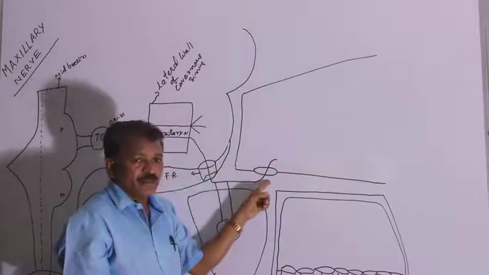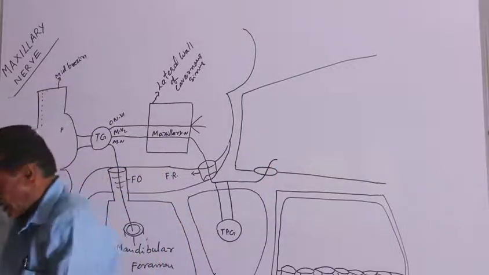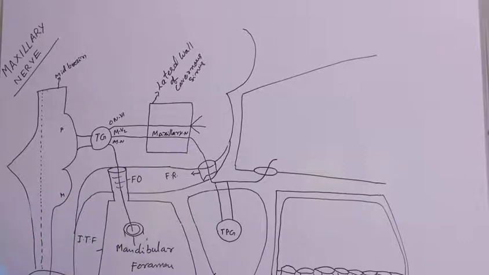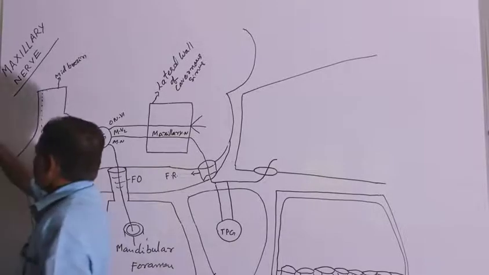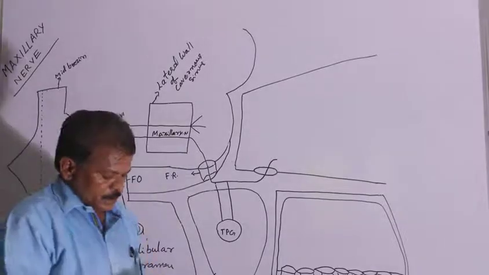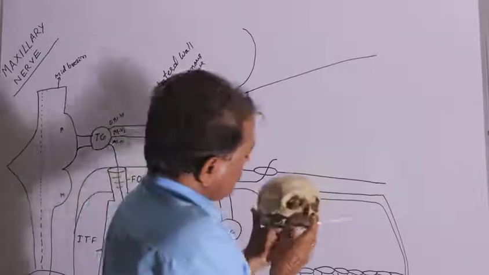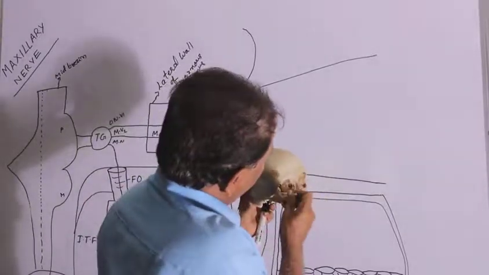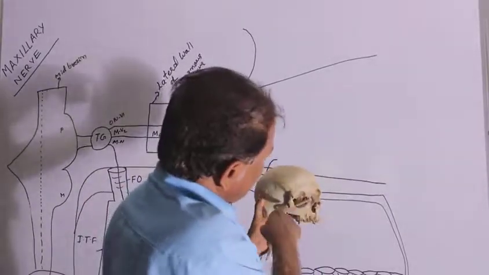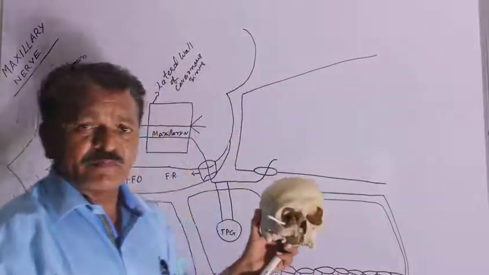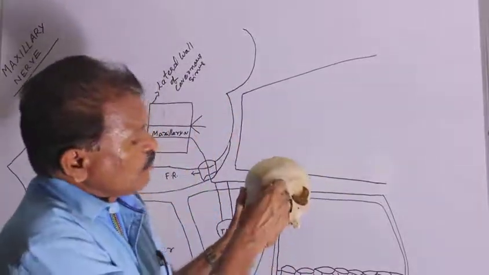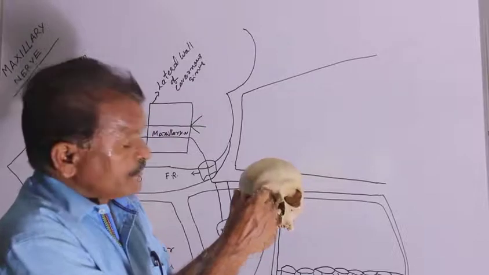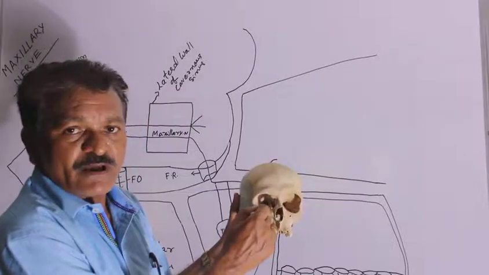inferior orbital fissure. This is the inferior orbital fissure, here it is. This is the roof of the orbit, and this one is the floor of the orbit.